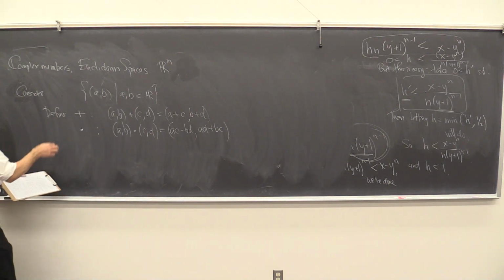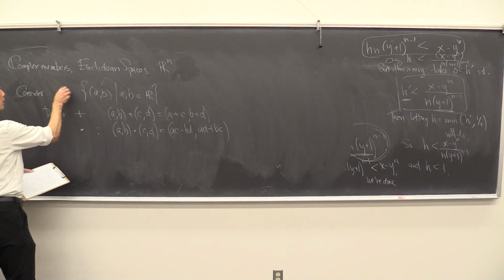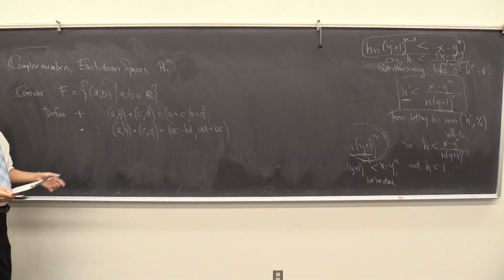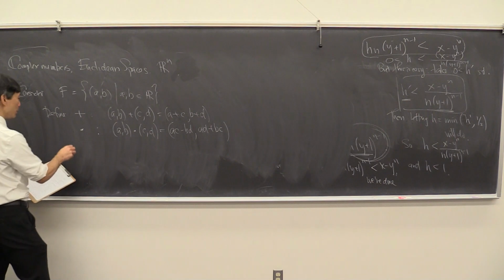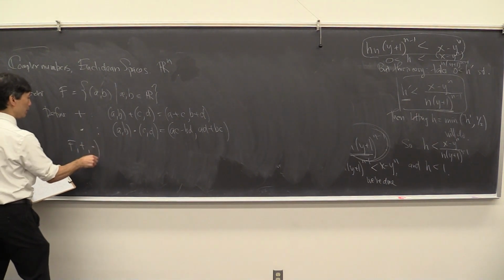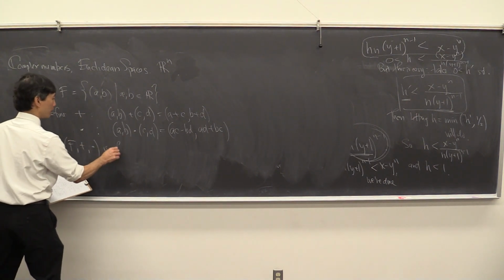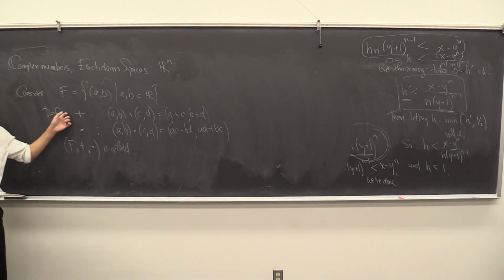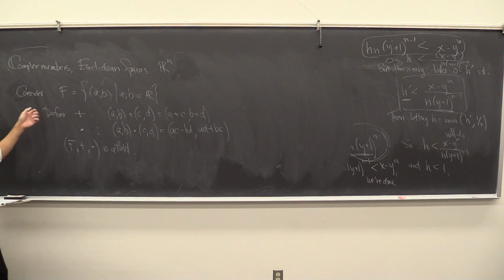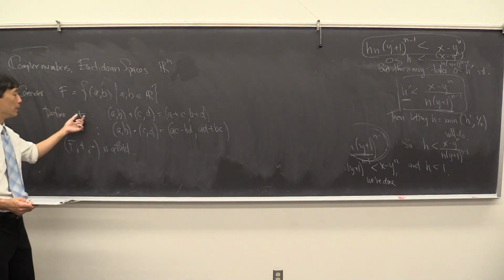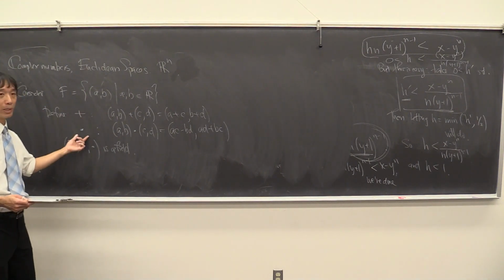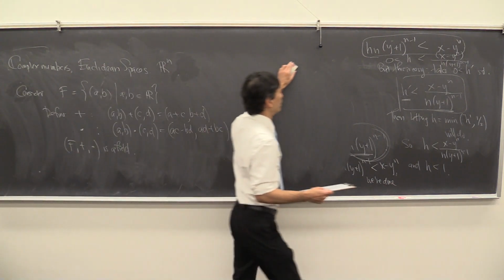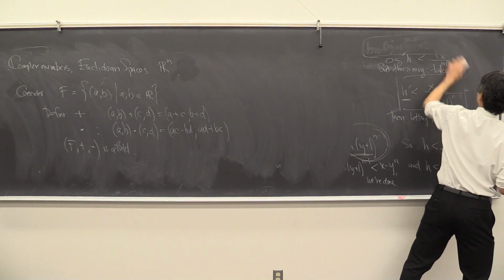Okay. So if you take this set with this addition and this multiplication, it actually turns into a field. In other words, it satisfies all the field axioms. There's an additive identity, there's a multiplicative identity, there's everything that you want to happen.